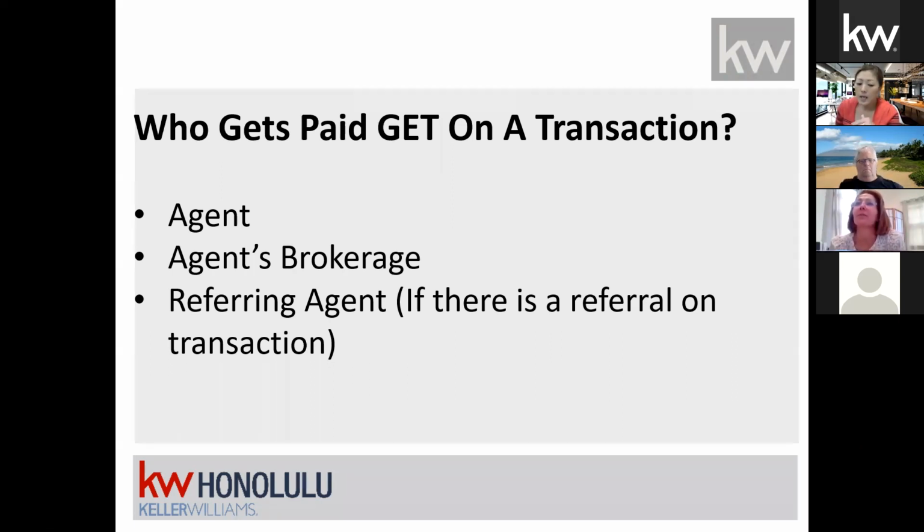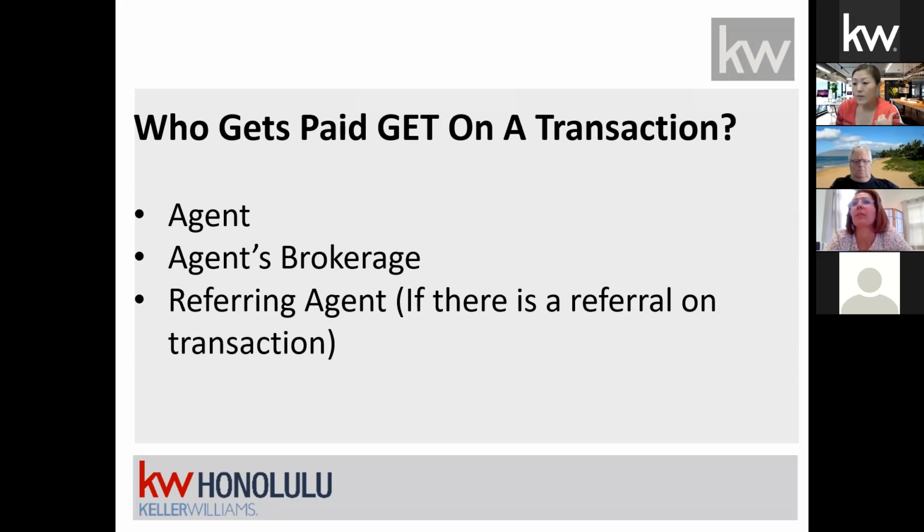Anybody, so GET is a privilege tax to do business in the state of Hawaii, right? So anyone who does business in the state of Hawaii, including real estate agents, so in California, let's say, an agent in California gets a referral check from someone on the Big Island. They get a referral of $5,000, and there's GET on that transaction.